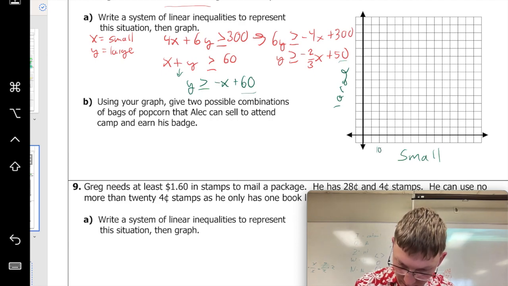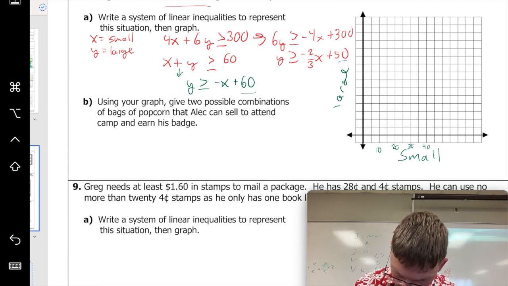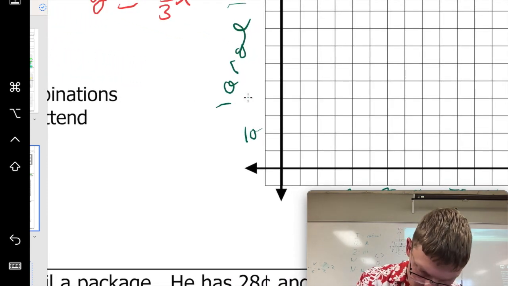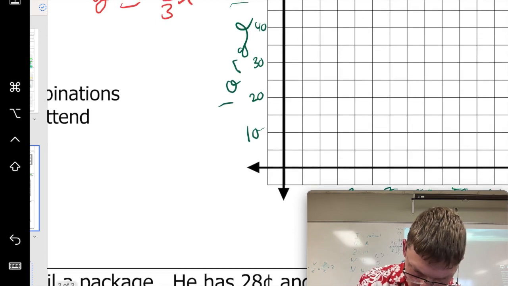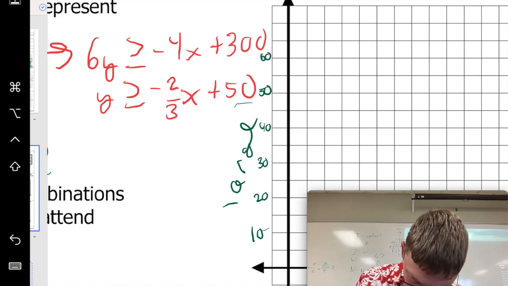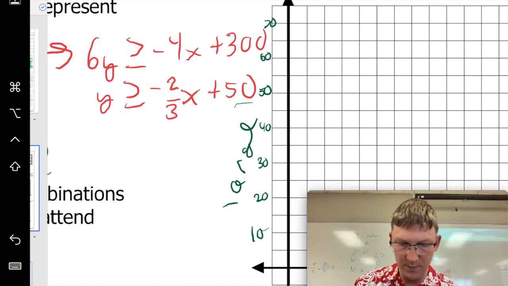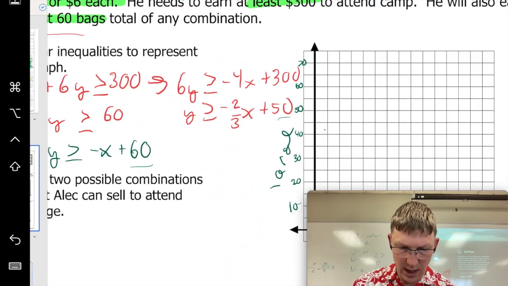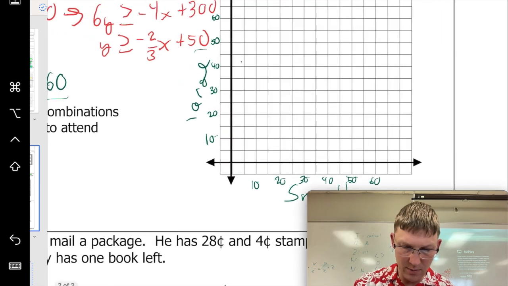So we would go 10, 20, 30, 40, 50, 60, and on the other axis 10, 20, 30, 40, 50, 60, 70. Okay, now we're just going to graph it.